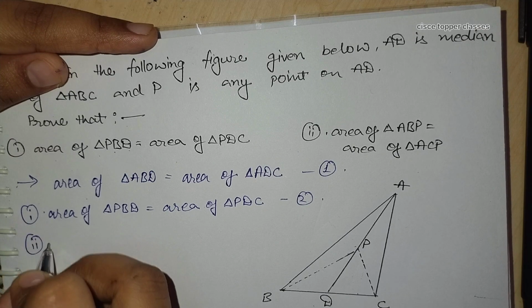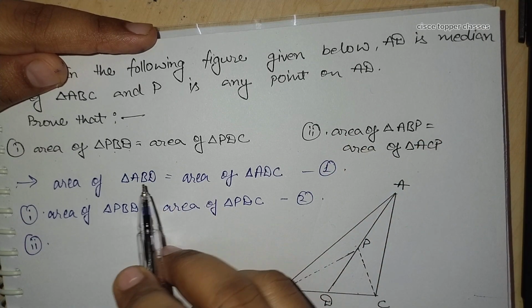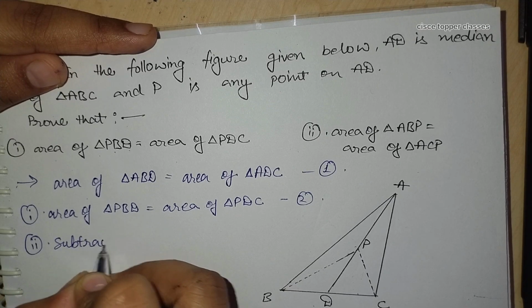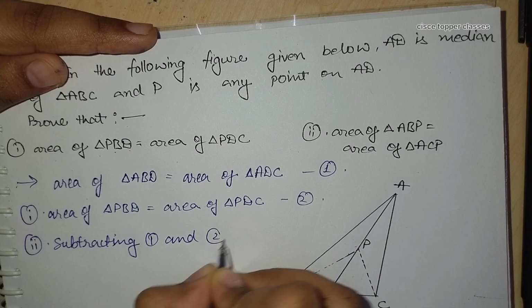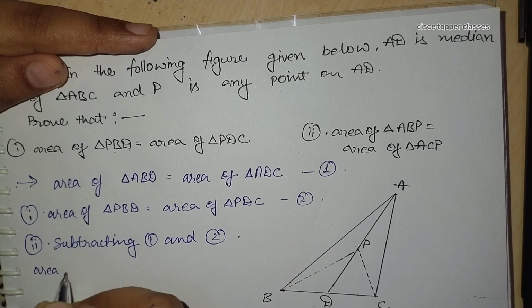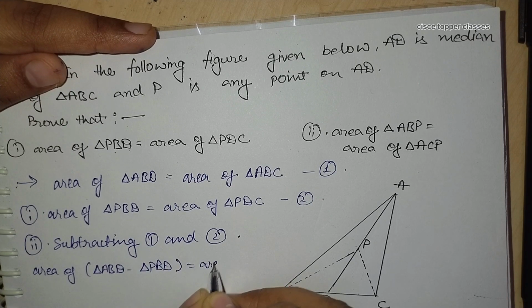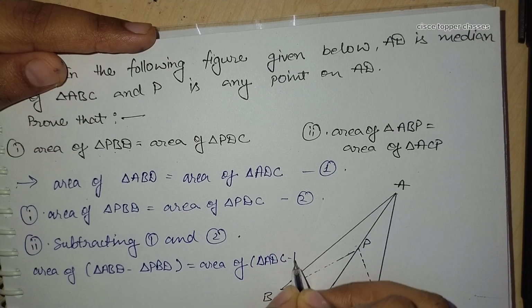Now we have to prove the second part. Here we can simply subtract these two equations. On subtracting first and second, we will get area of triangle ABD minus triangle PBD is equal to area of triangle ADC minus triangle PDC.